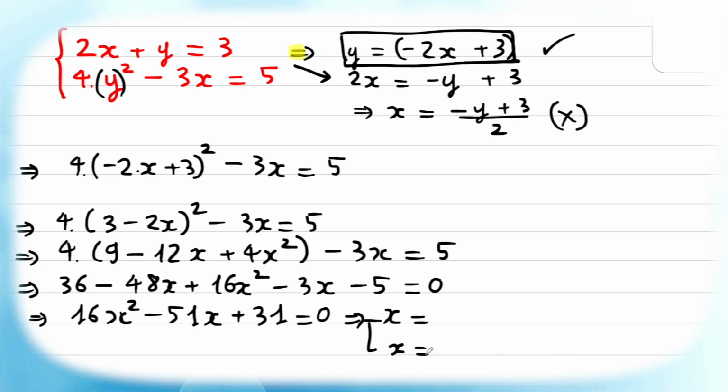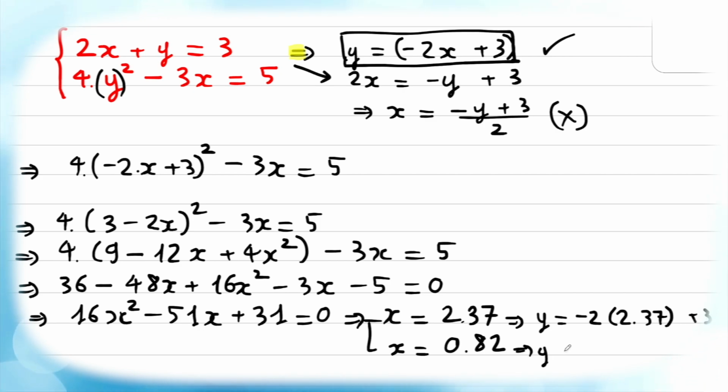So the solutions for this are 2.37, and the second one is 0.82. Now I want to figure out y. y will be minus 2 times 2.37 plus 3, and for the second one minus 2 times 0.82 plus 3.